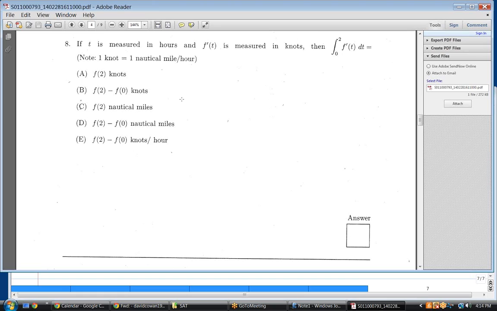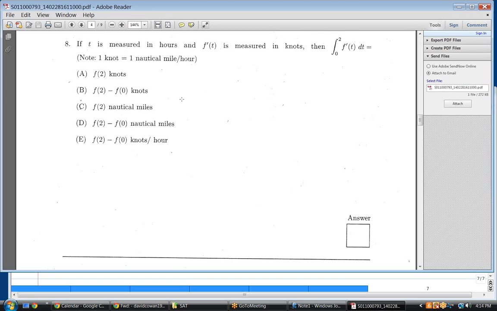What are the units on it? Knots, I think. Yeah, if you integrate knots, in other words, if I was integrating miles per hour, I would get miles, right? Right. So I have to get miles, or nautical miles.